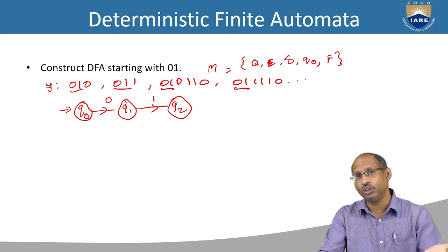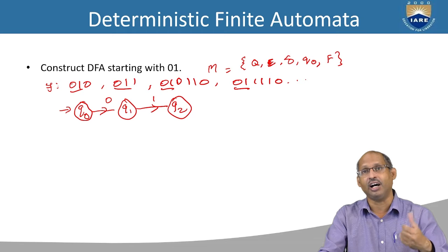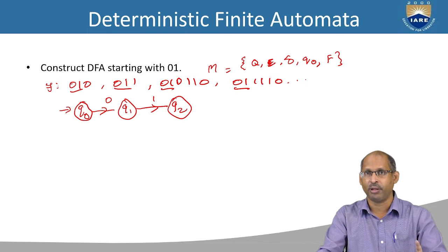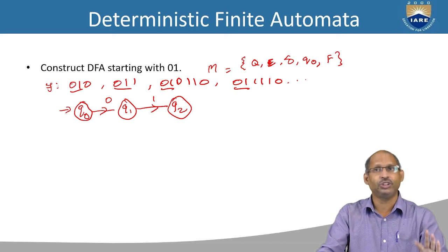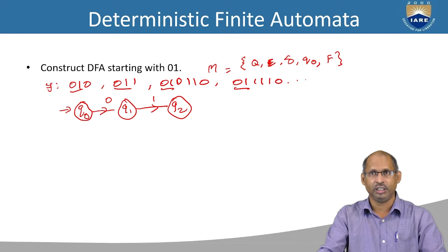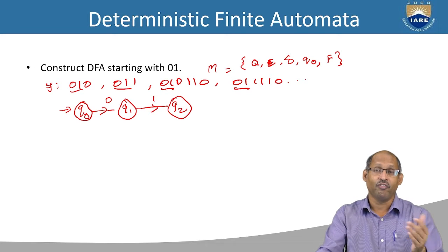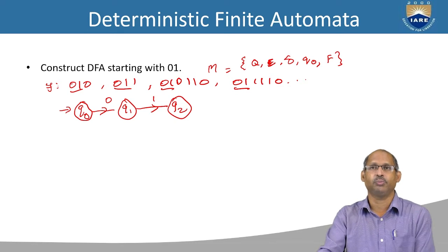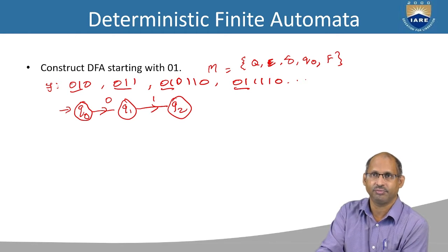A sequence of zeros or ones is also accepted. It must start with 0 followed by 1, and after 01 any number of zeros or ones will be accepted.